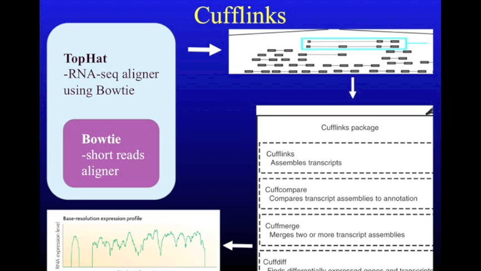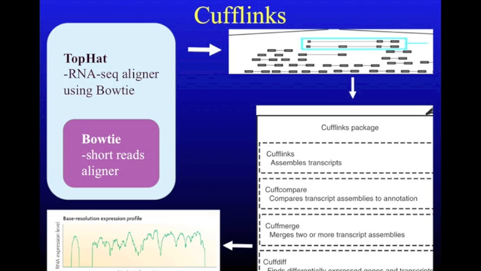This is exactly what Cufflinks does. It accepts aligned RNA-seq reads and assembles the alignments into a set of transcripts, and then it estimates the relative abundances of these transcripts based on how many reads support each one.